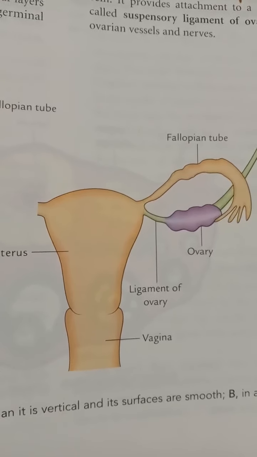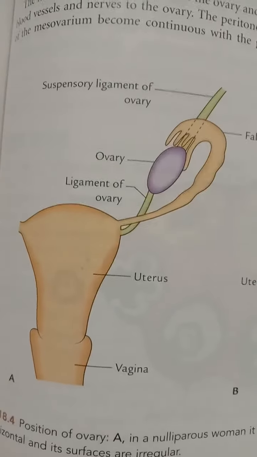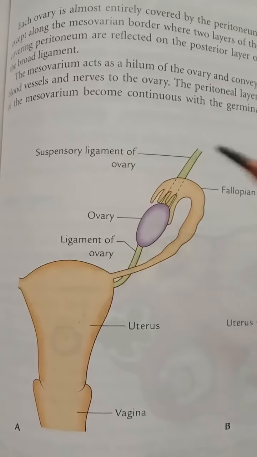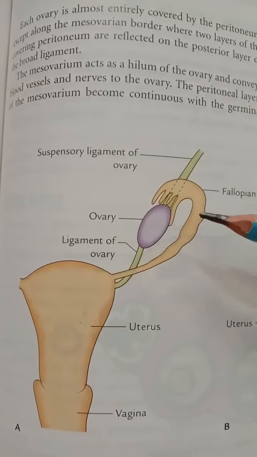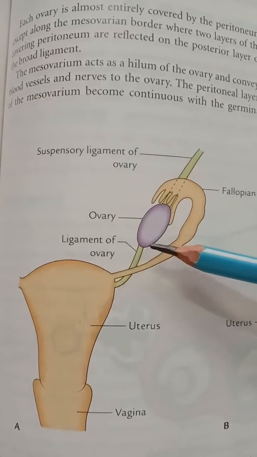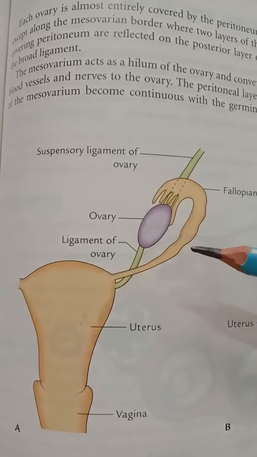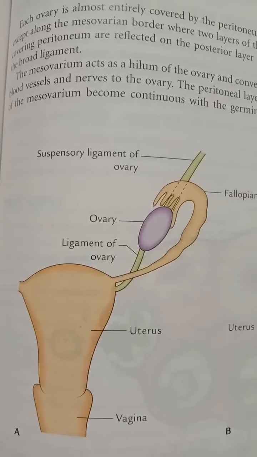Then let's see the details of the external features. Firstly we have to see the poles. First, the upper pole, which is also called the upper extremity. The upper pole is broader than the lower pole, and it is related to the uterine tube and the external iliac vein.